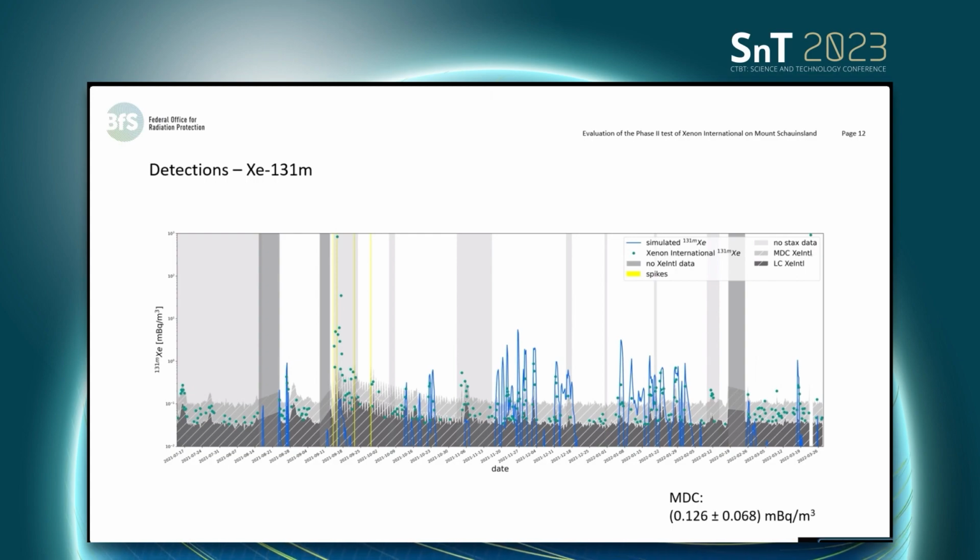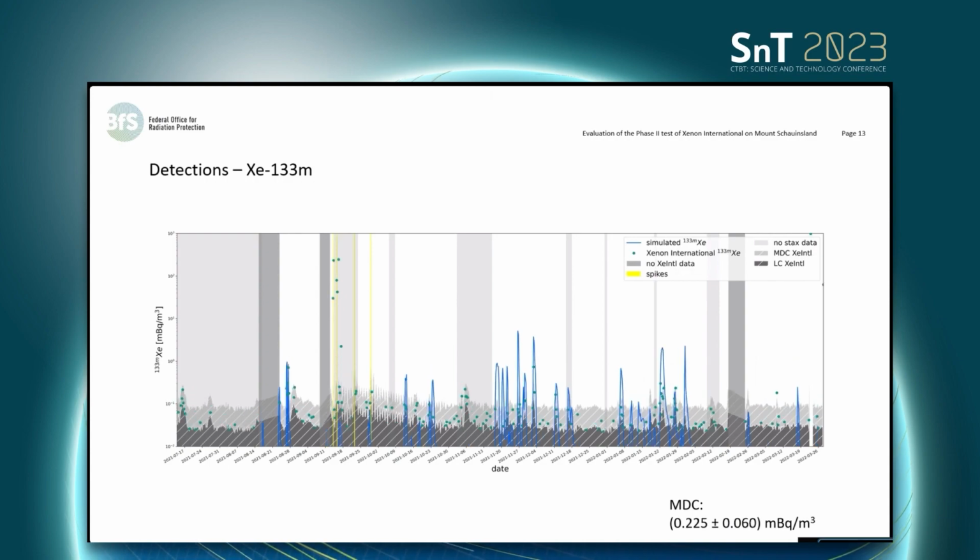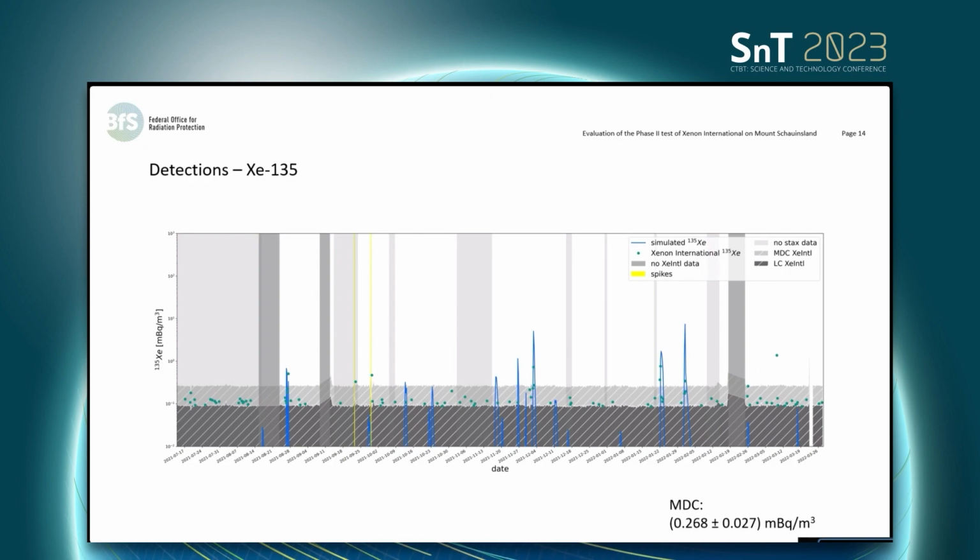Here we again have this memory effect, but we can explain the detections pretty well with the STAX data. Xenon 133M, I will come back to in a minute, but I'll show the 135 first.